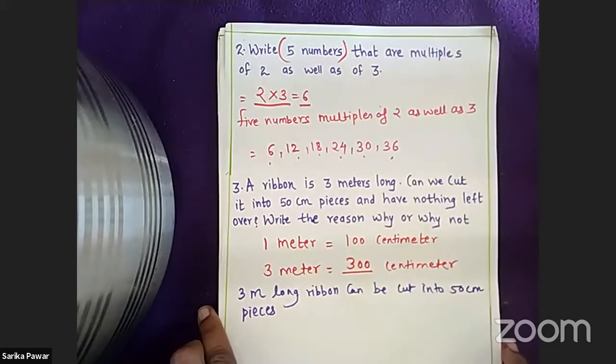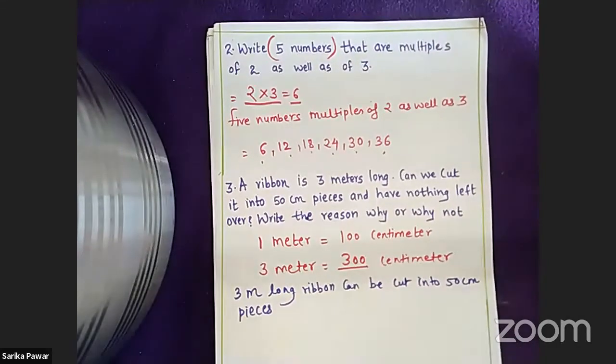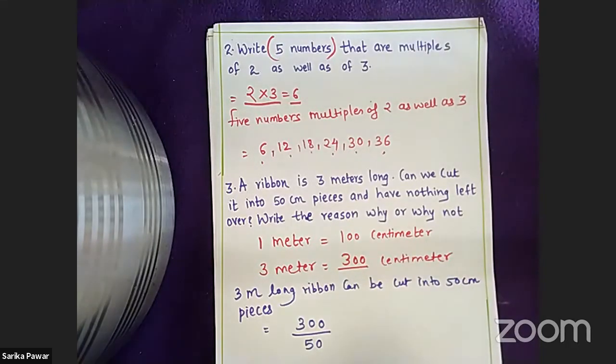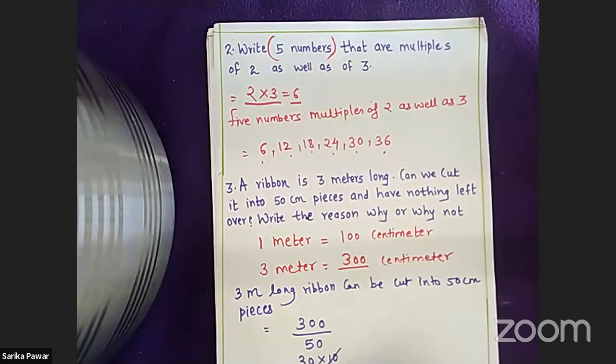50 centimeter pieces. 300, now we will divide 300 by 50 pieces, right? Now see here, 30 tens are 300, 5 tens are 50, 10 ones are 10, 10 ones are 10, right?